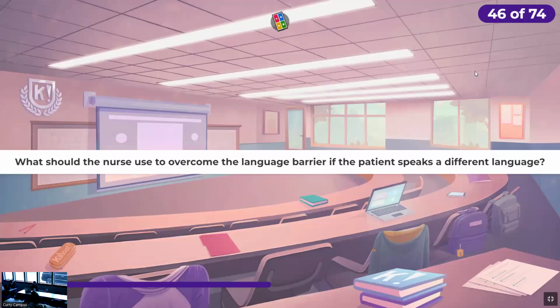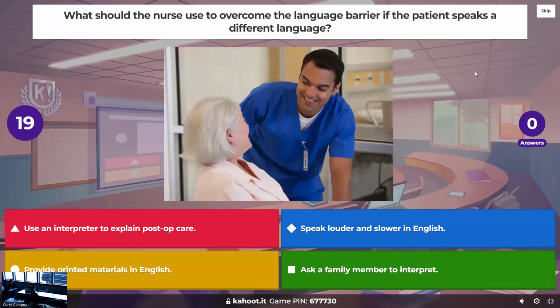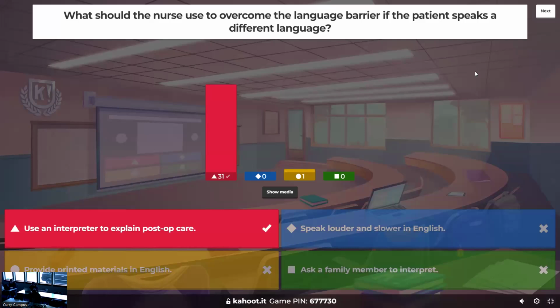What should the nurse use to overcome the language barrier if the patient speaks a different language? And the yellow is provide printed materials in English. All right, almost everybody got that one, good. The one person provide printed materials in English. Probably don't want to do that with somebody that doesn't speak English, but okay, guess.